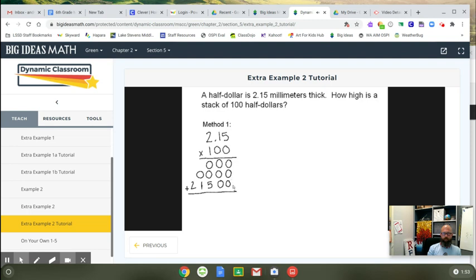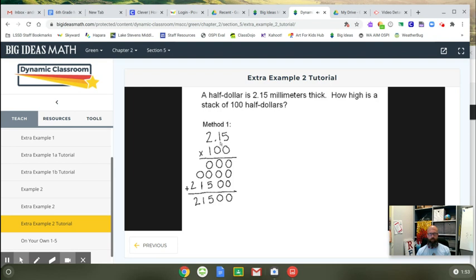We have 0 plus 0 plus 0, which is 0. Again, 0 plus 0 plus 0 is 0. 0 plus 0 plus 5 is 5. 0 plus 1 is 1. And 2 is 2. So now we go back to our multiplication problem and count how many digits are to the right of the decimal.